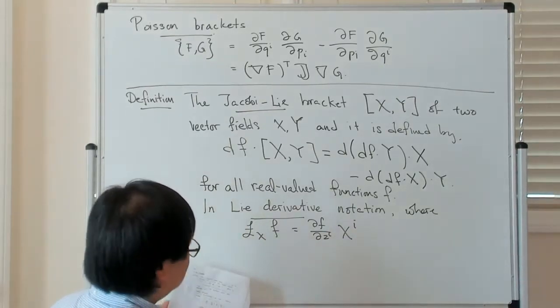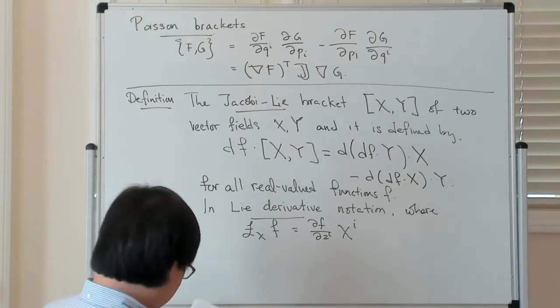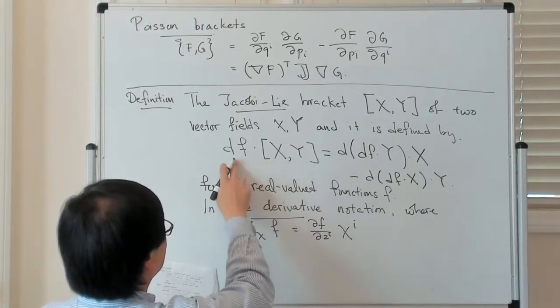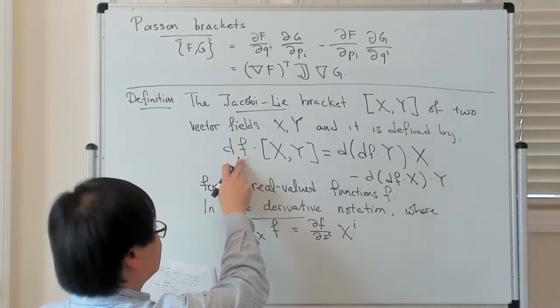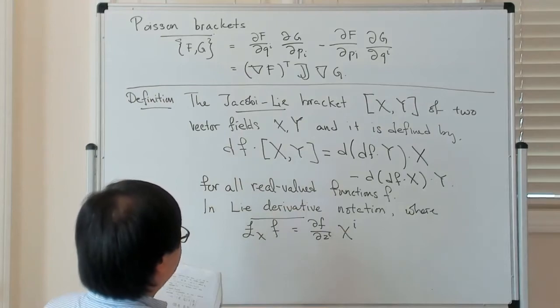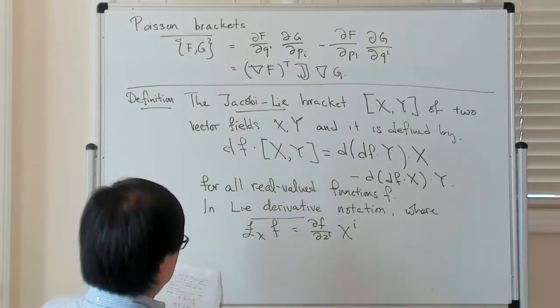This is essentially the directional derivative of f in the direction x. So if you want to write this, then again, this is the Lie derivative of the scalar valued function f in the direction of the Jacobi-Lie bracket of the vector fields x and y.